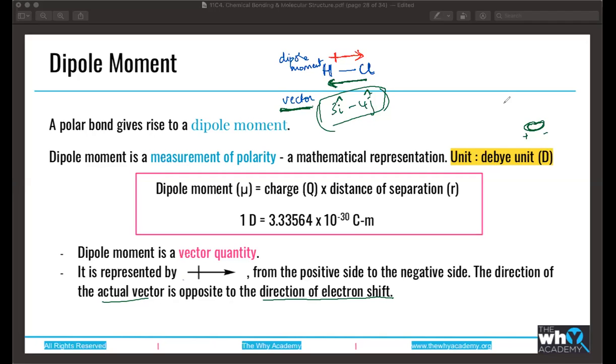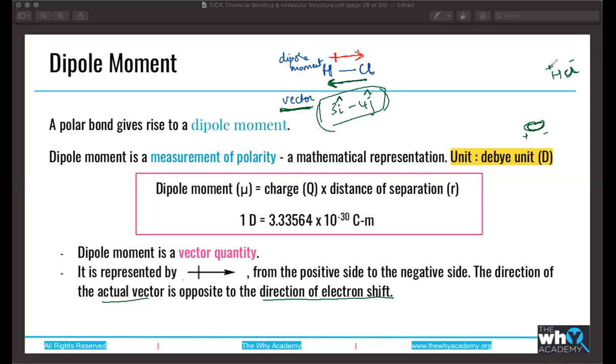So when you want to figure out the magnetic properties of a particular compound like HCl, this is a polar molecule, it's got a specific positive end and a specific negative end, which means that it needs to behave in a particular way when you put it in a magnetic field.